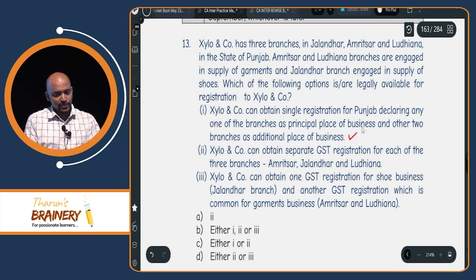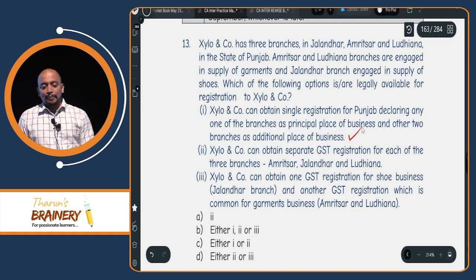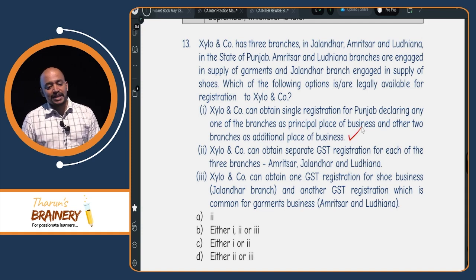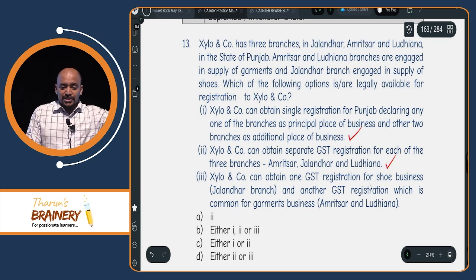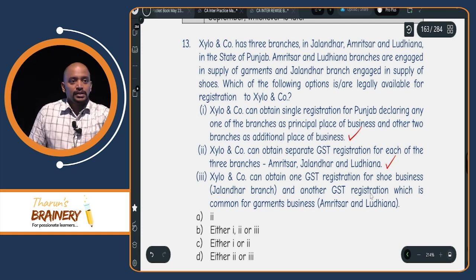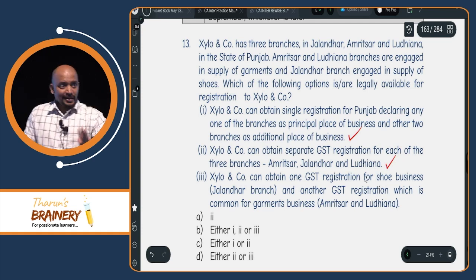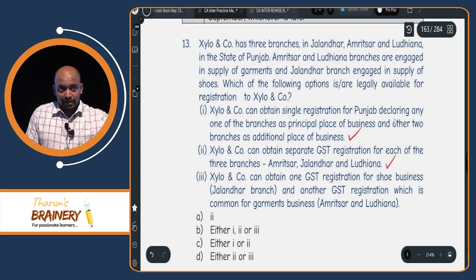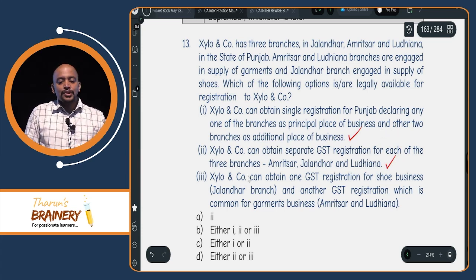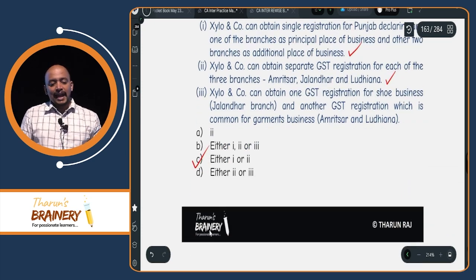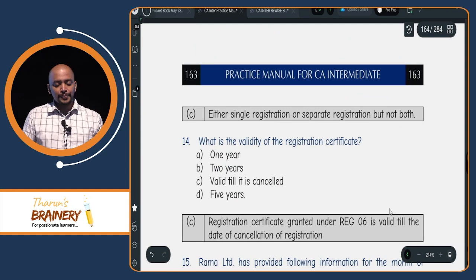Correct. Xylo can obtain separate GST registration for each of the 3 branches. Yes. Xylo can obtain 1 registration for shoe business and 1 registration for garments. No, we don't have that. Either single registration or separate registration with respect to each place of business. So only options 1 and 2. That is option C.